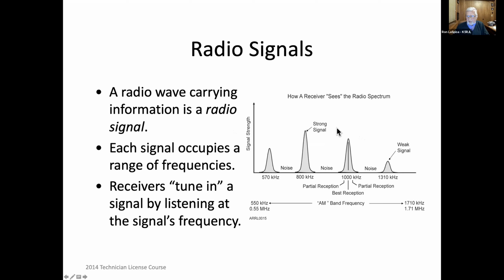So for example, if we want to listen to this, we tune our radio until it says 1,000 kilohertz. And the closer we get to 1,000 kilohertz, the more we can hear in that radio signal. Any questions about that?